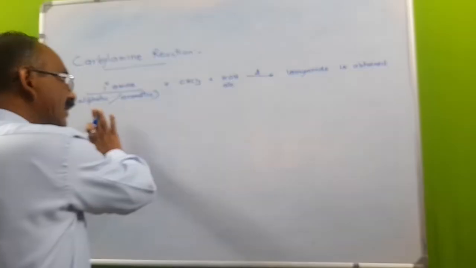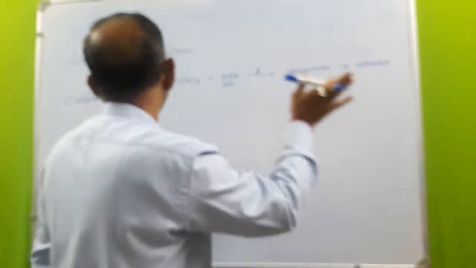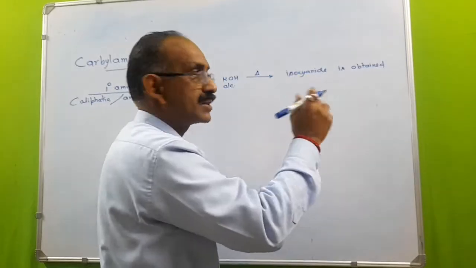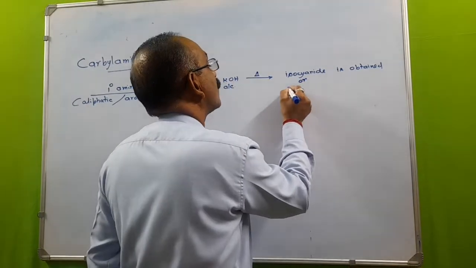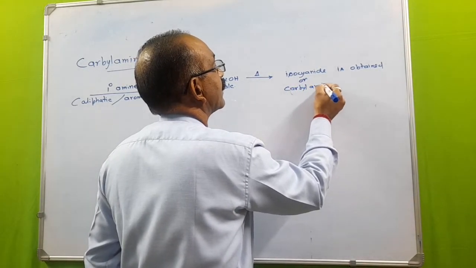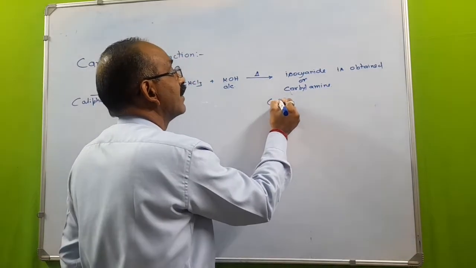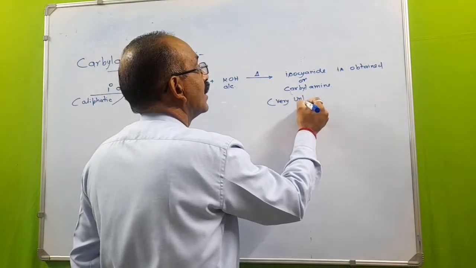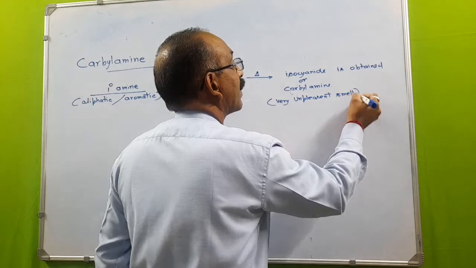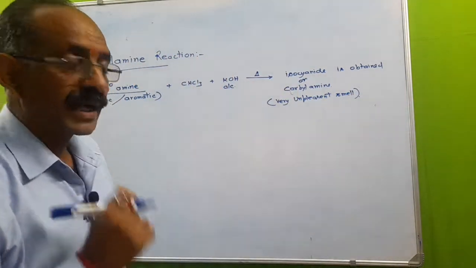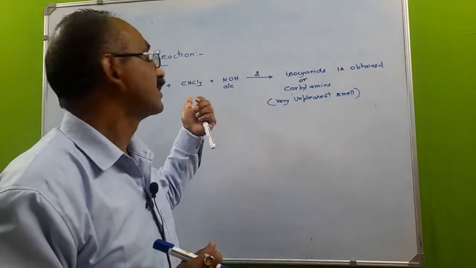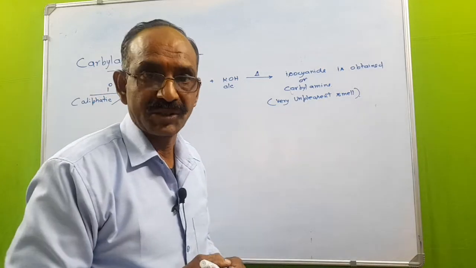If it is aliphatic amine, we will get alkyl isocyanide. If it is aromatic primary amine, we will get aryl isocyanide, or this isocyanide is also known as carbylamine, and this one is having a very unpleasant smell, and that's why this reaction can be used as a test for distinguishing the primary amine from the secondary and tertiary amine.